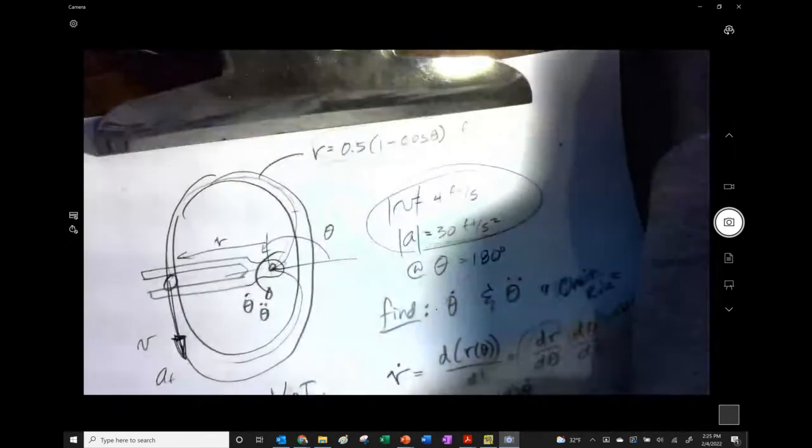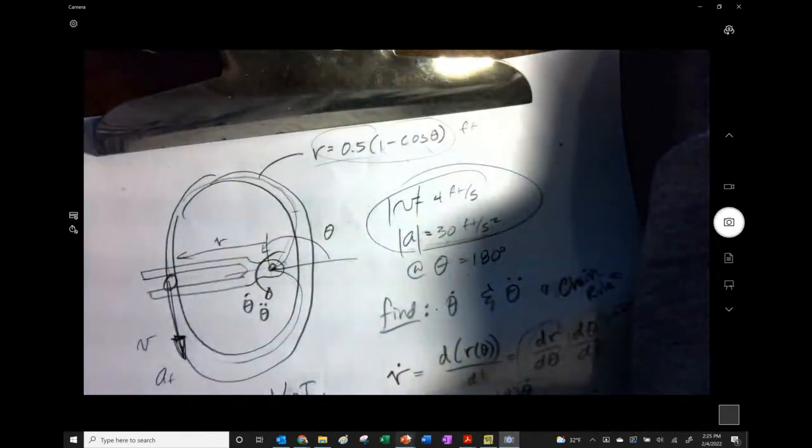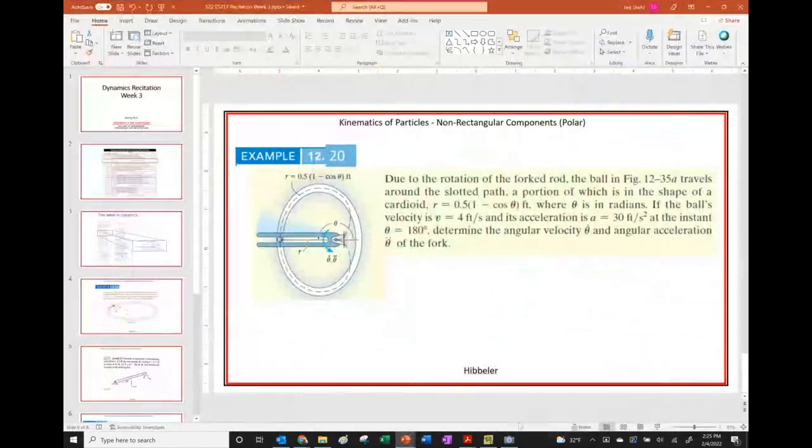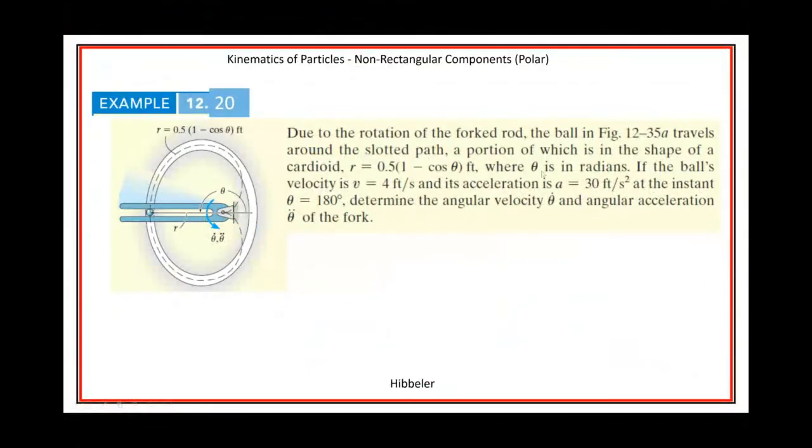I didn't read it that way when I was reading the problem, so I would have missed out on points. They said if the ball's velocity is this, and they should have said speed, and if it's acceleration magnitude, they should have said this right here. I assumed because of this the way right there. You know what you do when you assume.